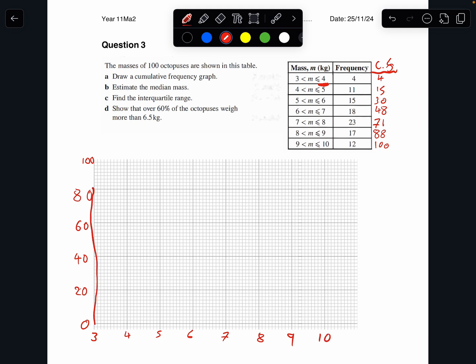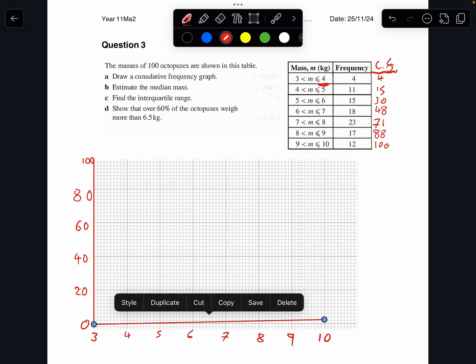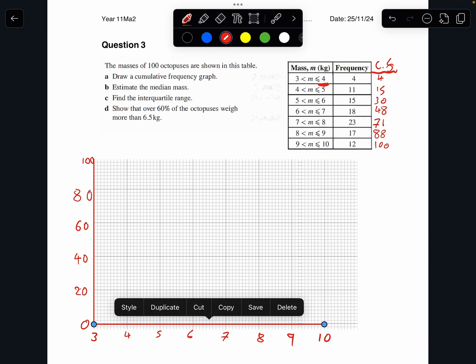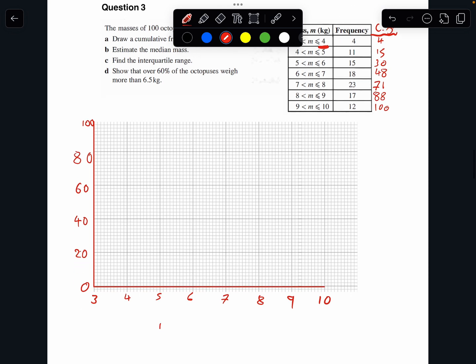Let's draw my axes. This here on my x-axis is my mass in kilograms. So let's write mass kilograms. And this here is my cumulative frequency.